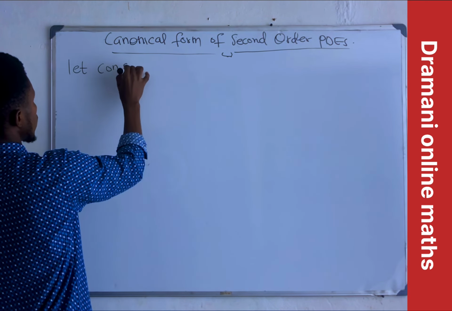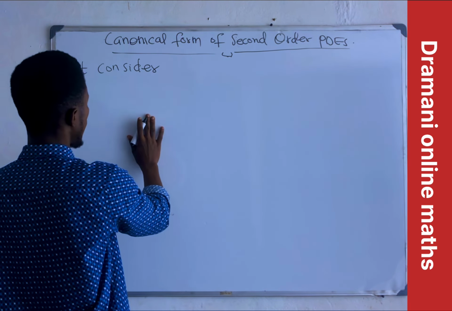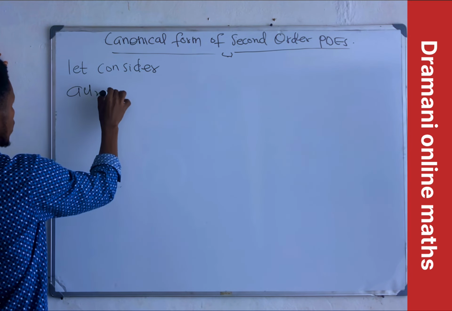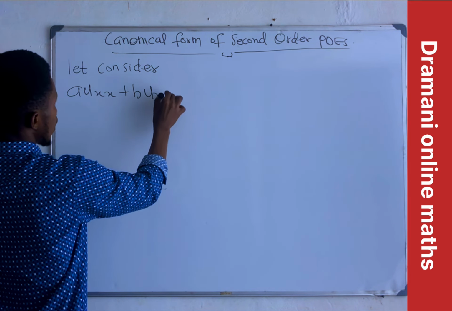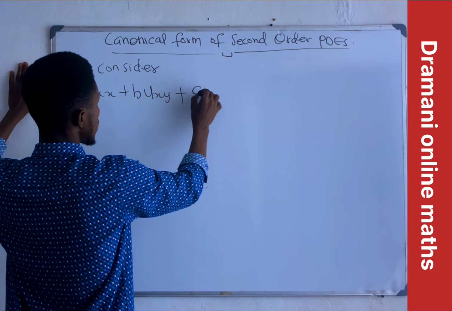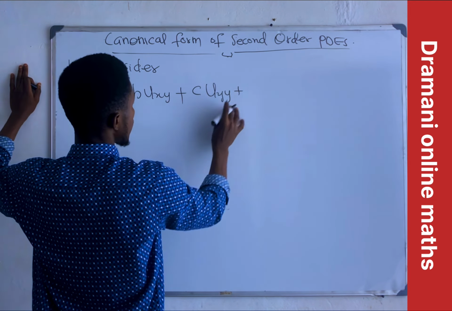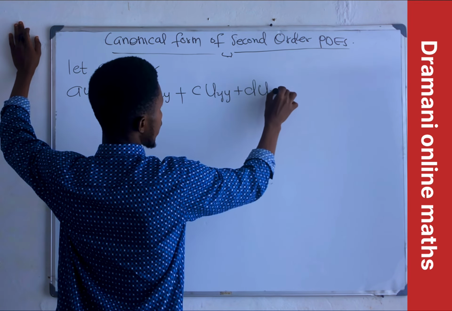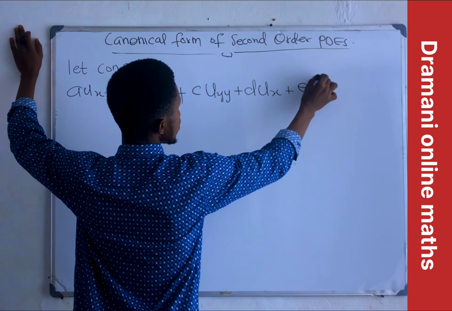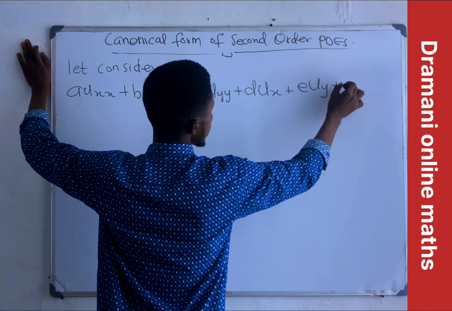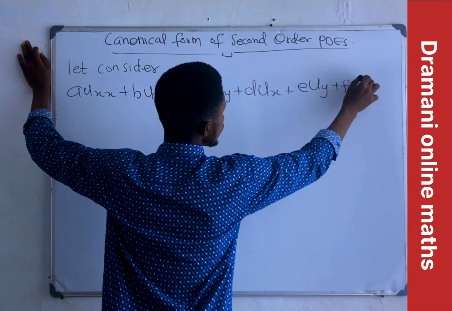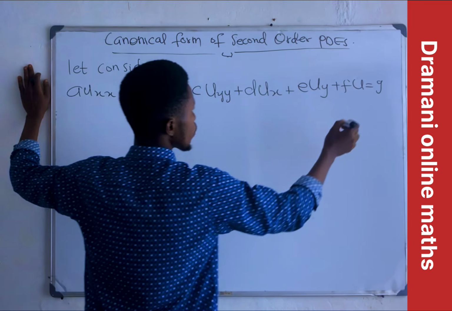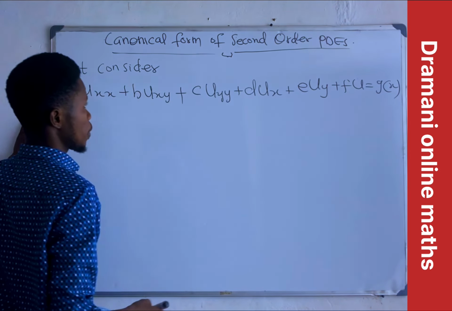Let's consider this PDE: A u_xx plus B u_xy plus C u_yy plus, say, D u_x plus E u_y plus F u equals, let's say, J of x. Is that okay?